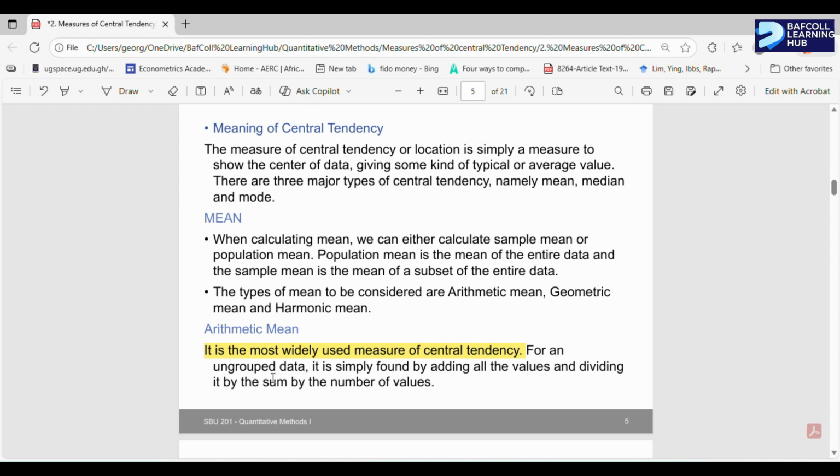For ungrouped data, it is simply found by adding all the values and dividing by the number of values.